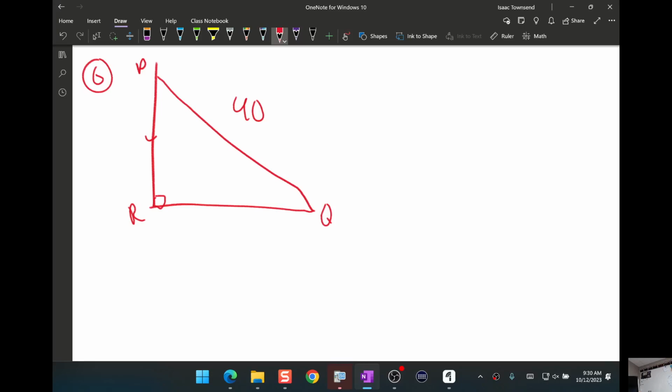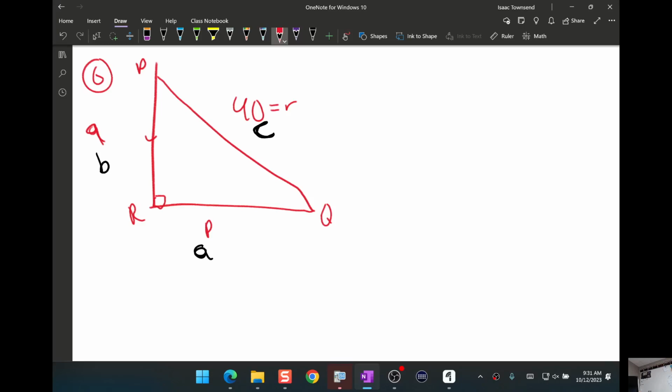So R is always the side opposite angle R, P is always opposite the angle P, and Q is opposite angle Q. But for my sanity, I went out to the side and said, I'm just going to refer to this as C, and then I went ahead and called this side A and this side B. So even though the question did P, Q, and R, I put A's, B's, and C's on there. So every time they say R, I'm going to say C. Every time they say Q, I'm going to say B. And every time they say P, I'm going to say A. Because to me, that's easier.